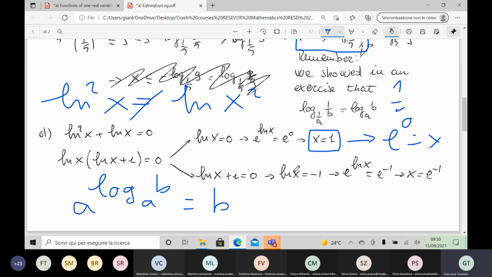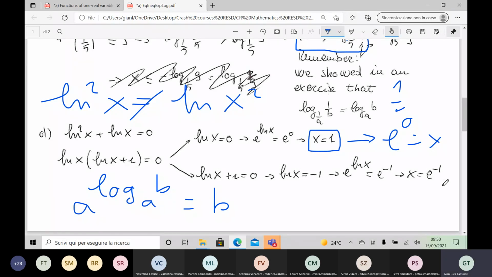Well, you can take the exponential transform of both sides. The basis of the logarithm is e, so take the exponential transform with basis e of both sides. But e to the power ln of x, again by applying this property, is x, equal to e to the power minus 1, which can be written also as 1 over e, if you want.